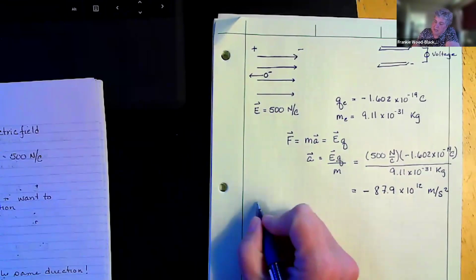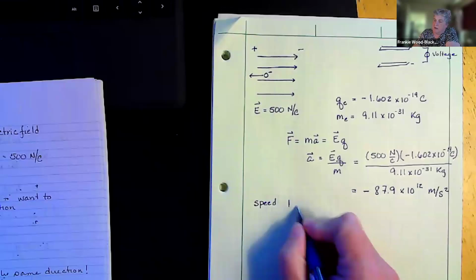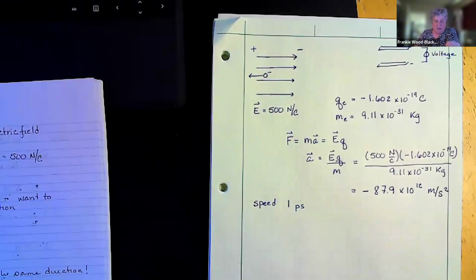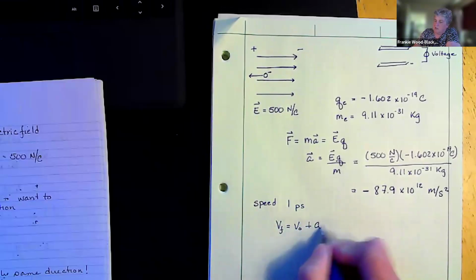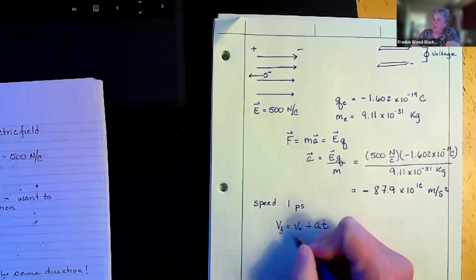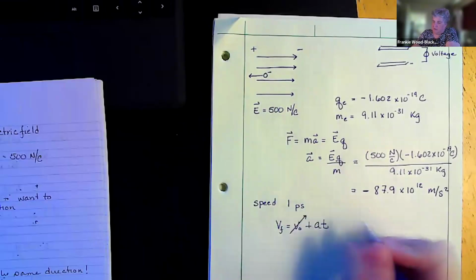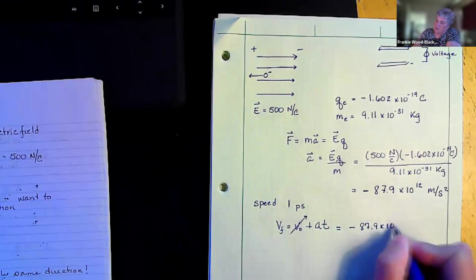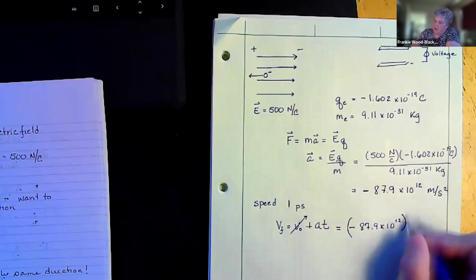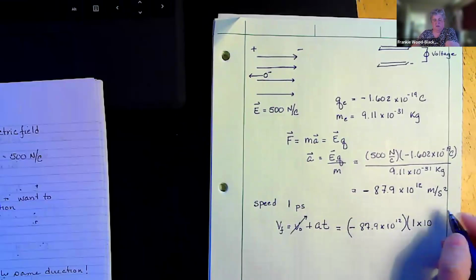If I want to find the speed at a time afterwards, so if I want the speed at 1 picosecond, I'm going to use velocity final is equal to velocity initial plus acceleration times time. My initial velocity is going to be 0, so I'm going to have a negative 8.79 times 10 to the 12th, and I've got a picosecond, which is 1 times 10 to the minus 12 seconds.